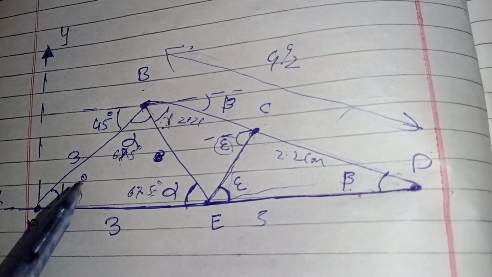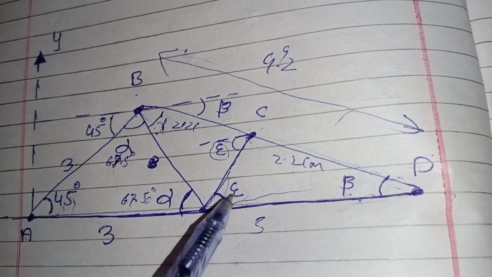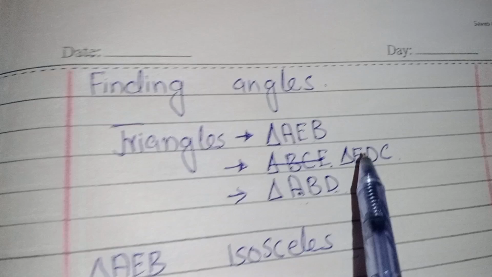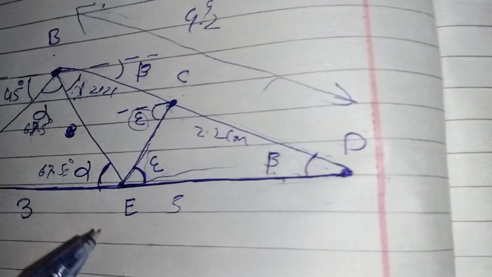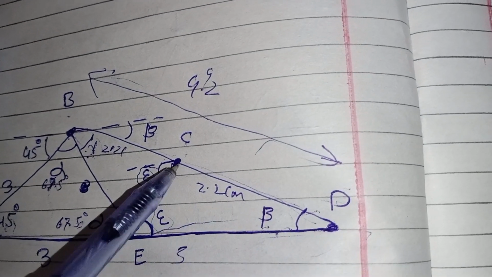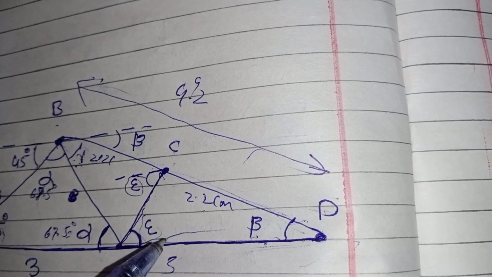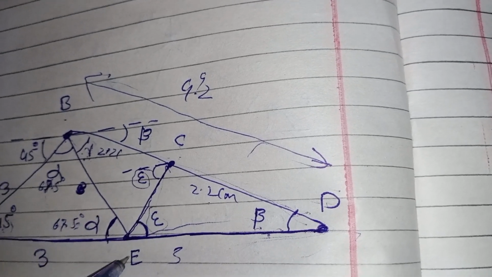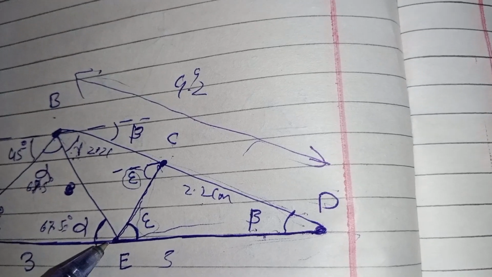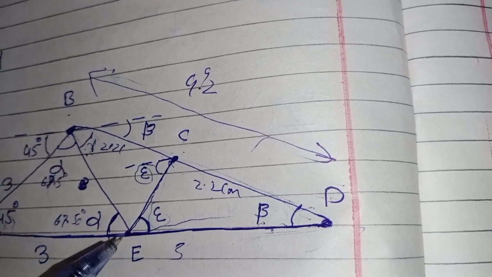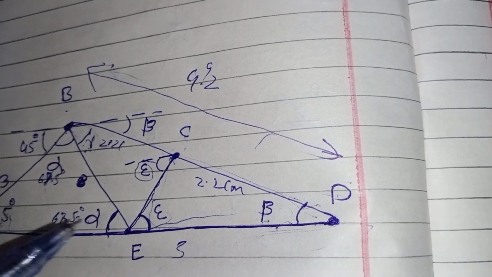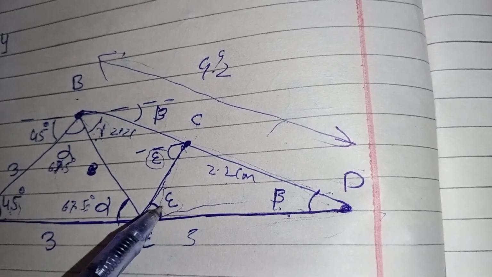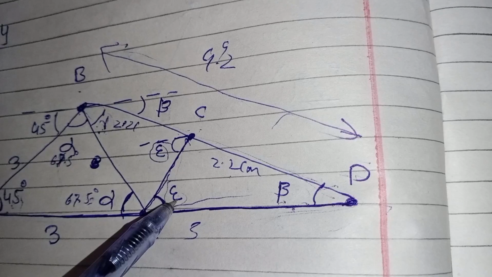Once we find these angles alpha, gamma, beta, this angle remains, but by the triangle EDC, we take this triangle, and first of all we find the length of CE by the use of cosine law, and after that by the use of sine law we can find this Z angle.